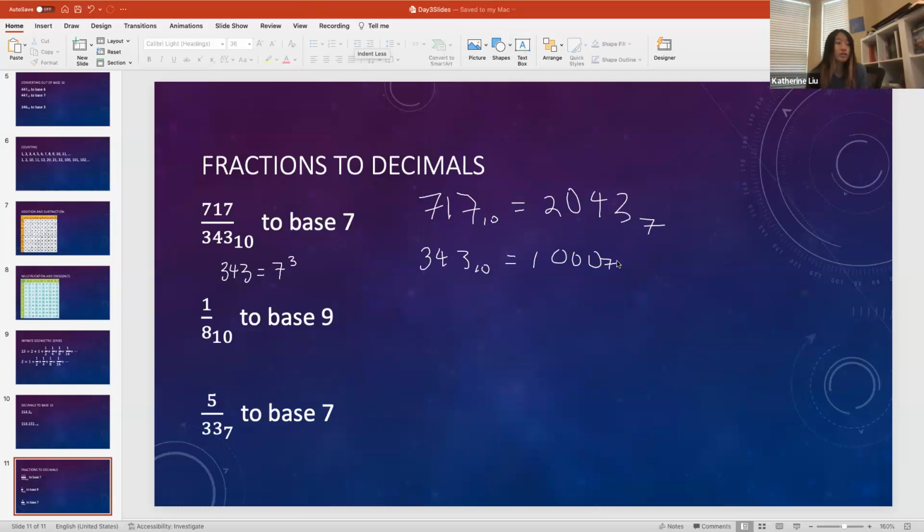So now, just like in base 10, we're dividing by a 1 with a bunch of zeros. So all we need to do is take this decimal point and move it 3 spaces to the left. So 1, 2, 3, and it's going to go right here. So that means 717 over 343 base 10 is 2.043 base 7. And that was so nice and easy. That's so awesome.